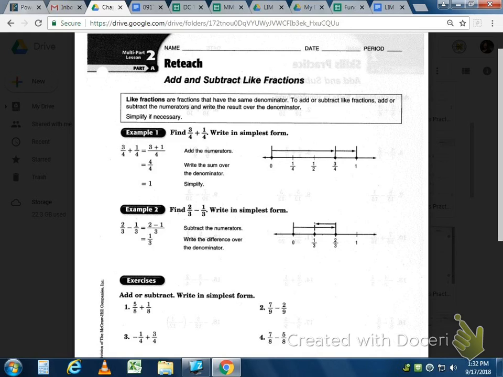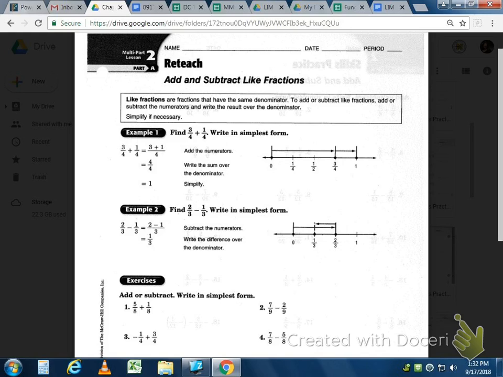So if I look at the two examples that are given to me here, it says find 3/4 plus 1/4, in simplest form. So the common denominator is 4, and you add 3 plus 1, that would be 4, and 4 over 4 simplifies to 1.